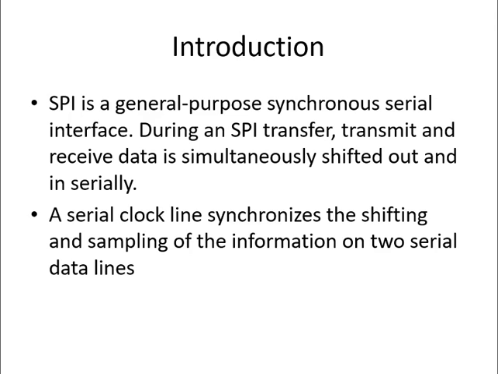In case of I2C, the same line is used for data in and data out. Only serial data line is available in case of I2C, whereas in case of SPI, two separate lines are available, one for sending the data and one for receiving the data.